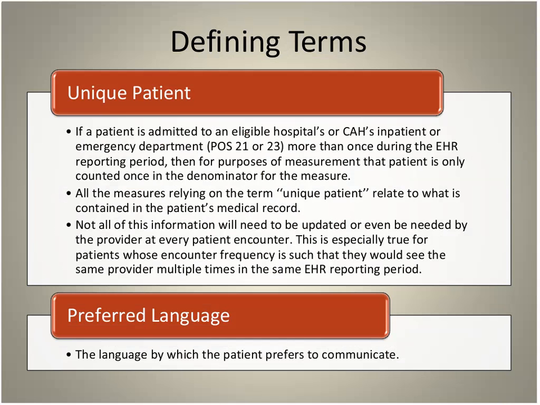The term unique patient, which I think many of you hopefully are becoming familiar with, all that means is during the reporting period, and the reporting period is the period in which you have to be compliant with all of the objectives that you are to meet, so typically 19 of them. You have to be compliant for the whole reporting period.